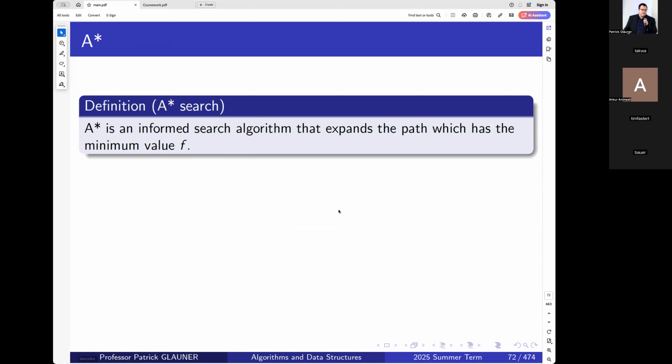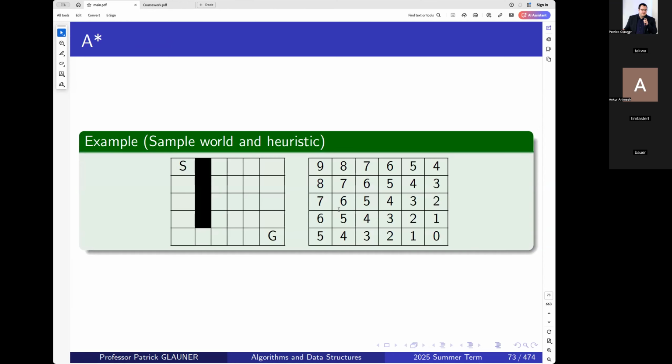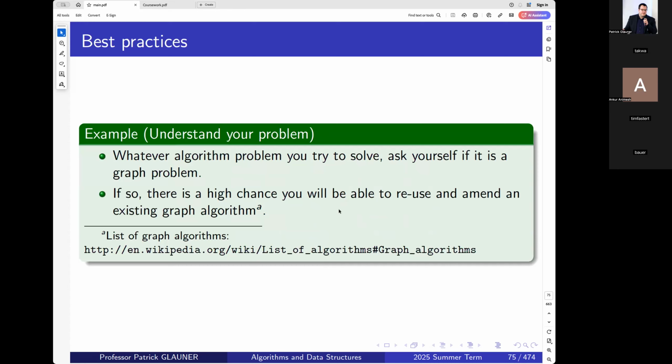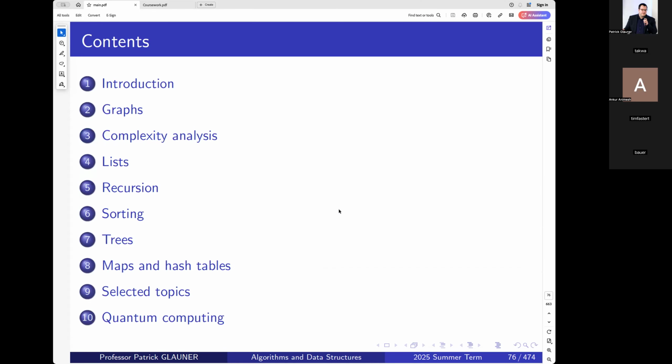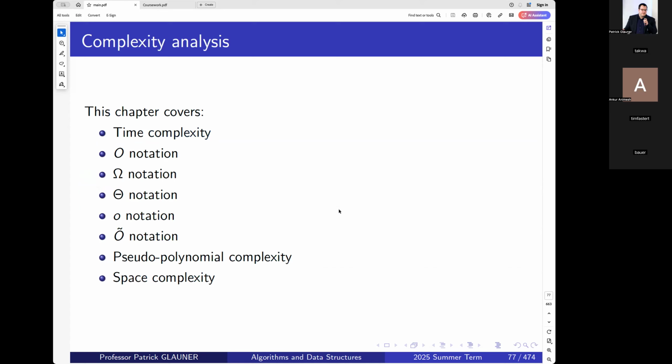And then we looked briefly at A star, and I gave you a few general hints on what you should pay attention to when you work on graph problems. Then we started with the complexity analysis chapter, and that's the one we will also finish today.